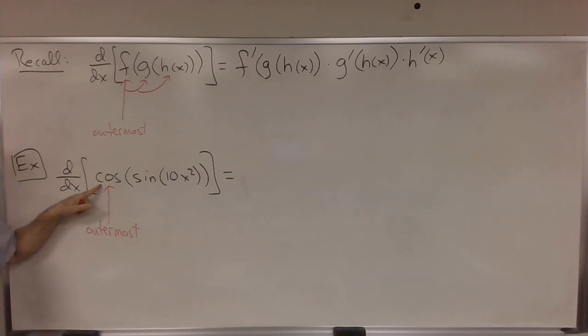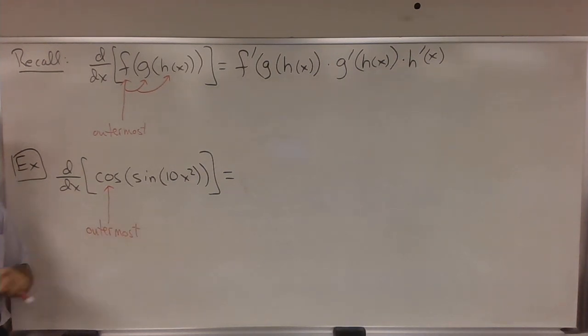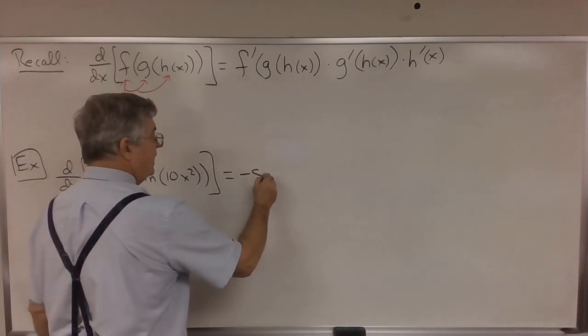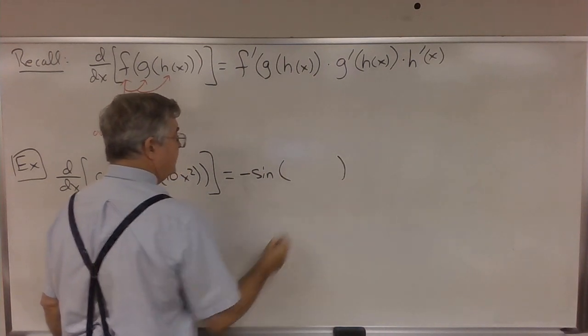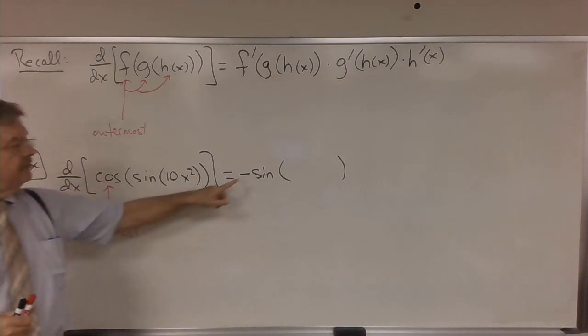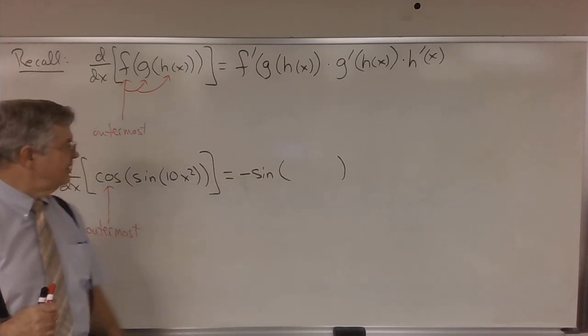Now, what's the derivative of cosine evaluated at something? If you say negative sine evaluated at something, then you're right. So the derivative of the outermost function is negative sine evaluated at something.